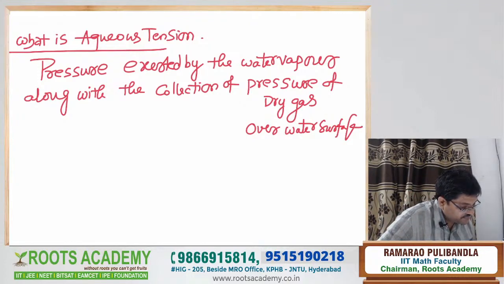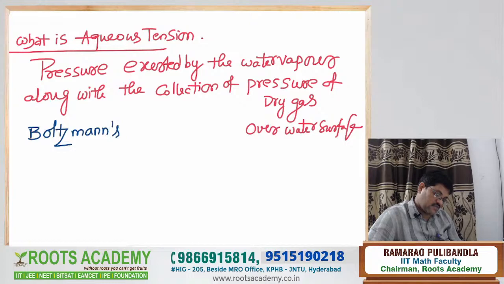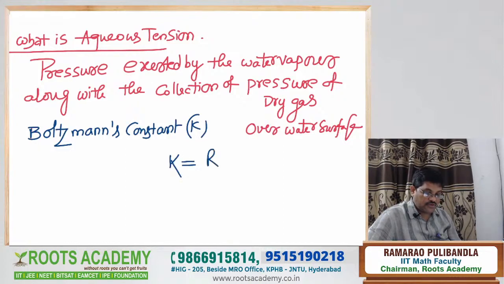Next question, very easy: what is Boltzmann's constant and give its value? Boltzmann's constant is nothing but the K value. K is equal to the universal gas constant by Avogadro number.